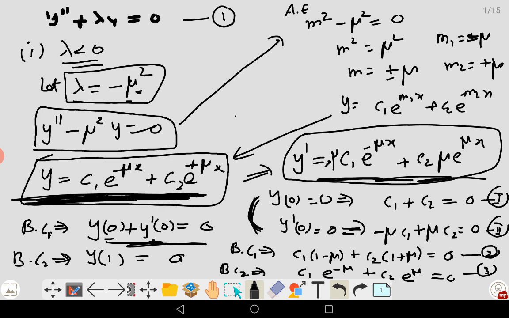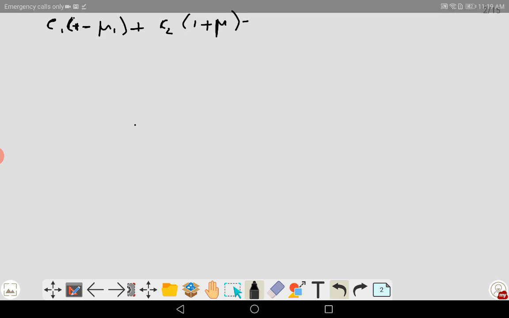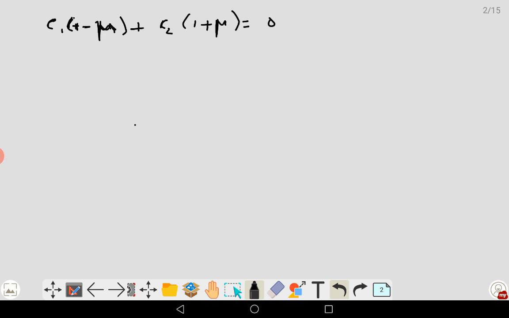Okay, the next page, I will repeat the boundary condition here. C1 times (1 minus mu) plus C2 times (1 plus mu) is equal to 0. This is equation number 2. Second boundary condition is what?